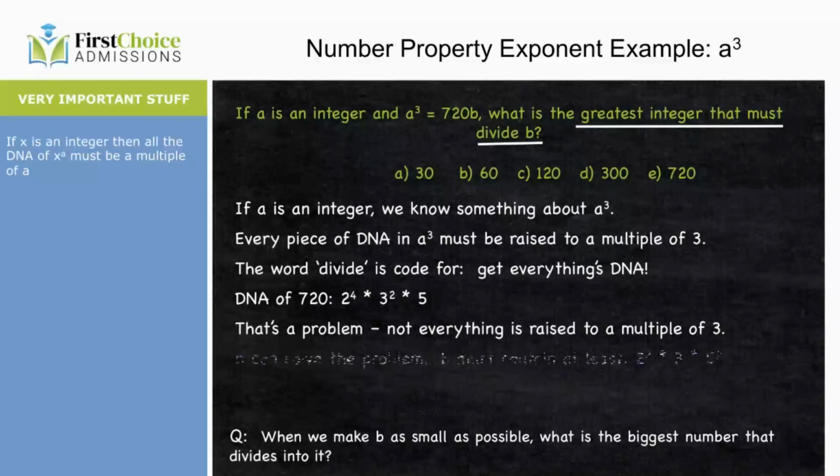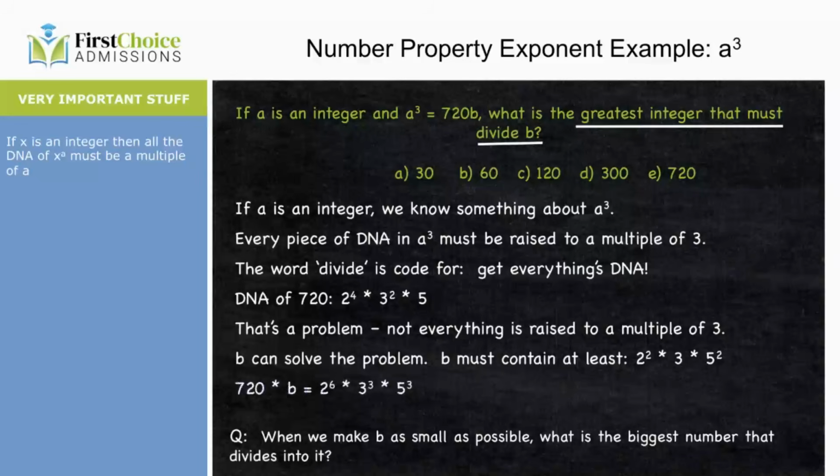Oh, do you know what though? b can solve the problem because a cubed must equal 720 times b. So if b contains 2 squared times 3 times 5 squared, I think that will allow all of the DNA to be raised to a multiple of 3.